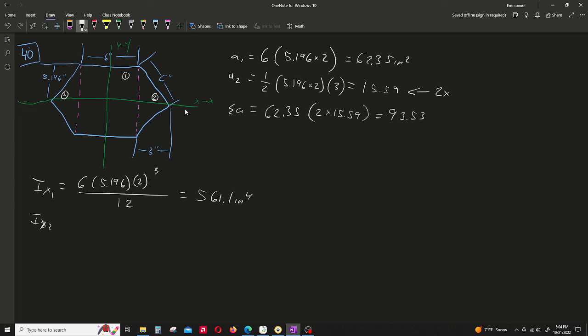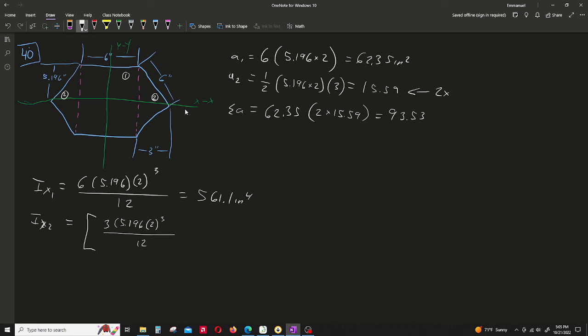IX2, this was 1. It's going to be 3 times 5.196 times 2, cubed, and we're going to divide that by 12.